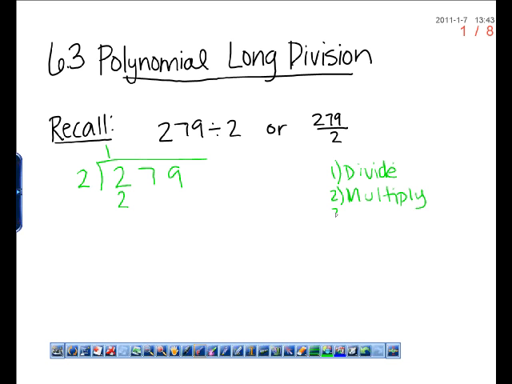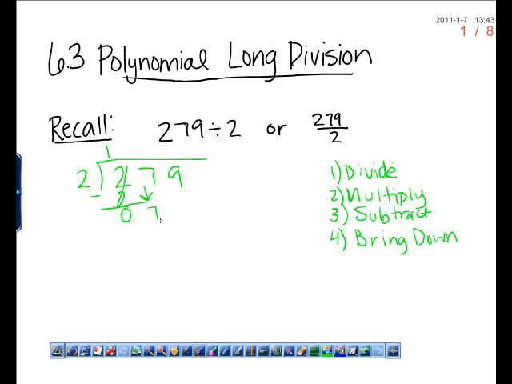Then what do we do? Subtract. I get 0. Then what do we do? Bring down. So I bring my 7 down.